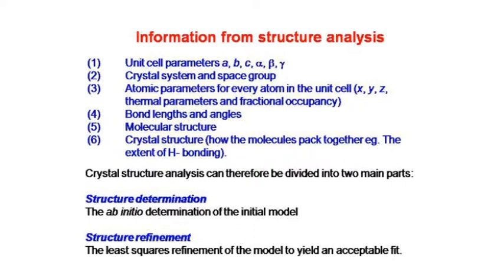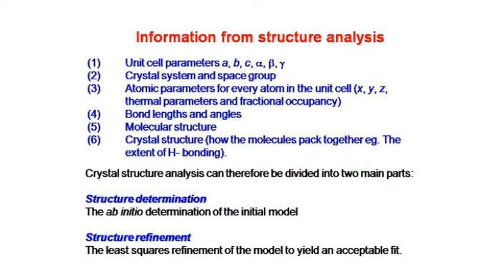So, our analysis can be divided into two main parts: structure determination and structure refinement. In powder diffraction, we focus mainly on refinement. We don't do so much determination. But the determination part also comes into it when you want to do something ab initio.